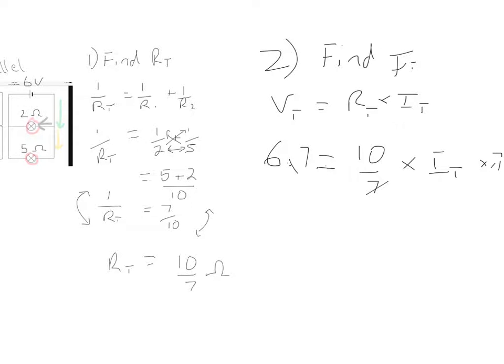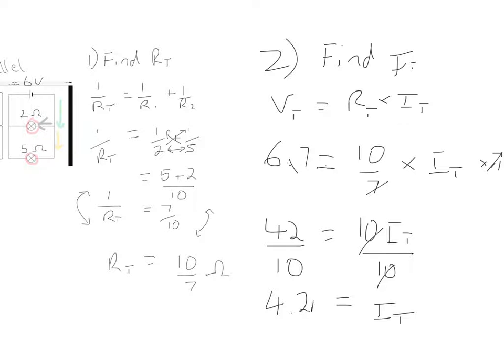That cancels those two. And I'm left with 10 IT equals 42. Divide both sides by 10. Cancel again because we're proper mathematicians. And we get IT equals 4.2 amps.